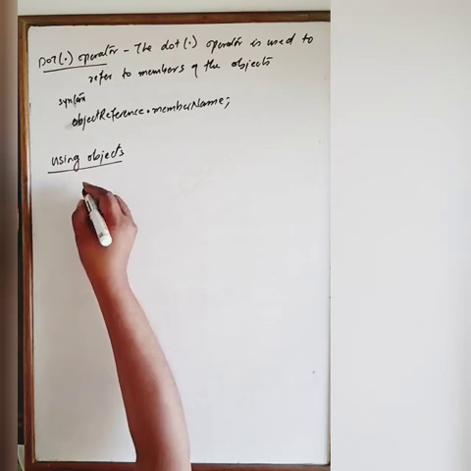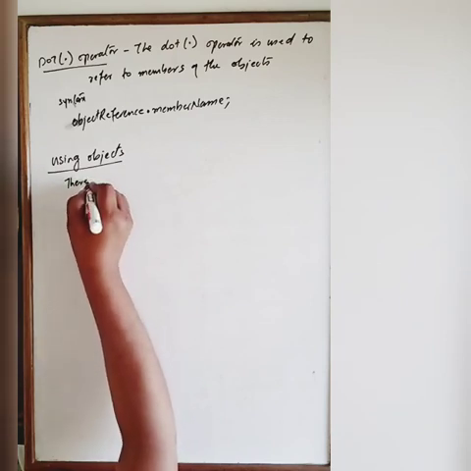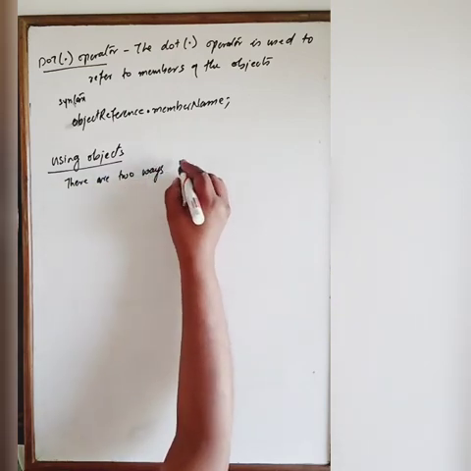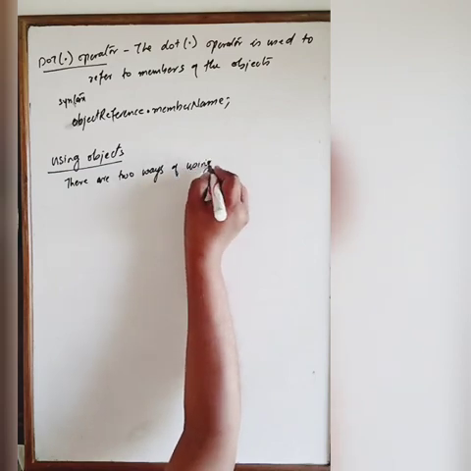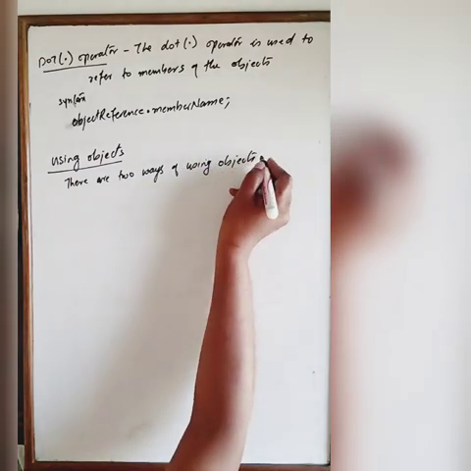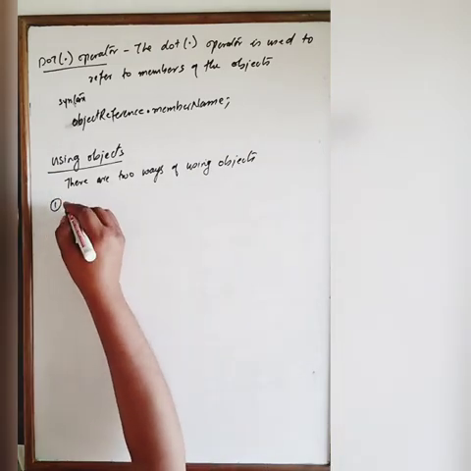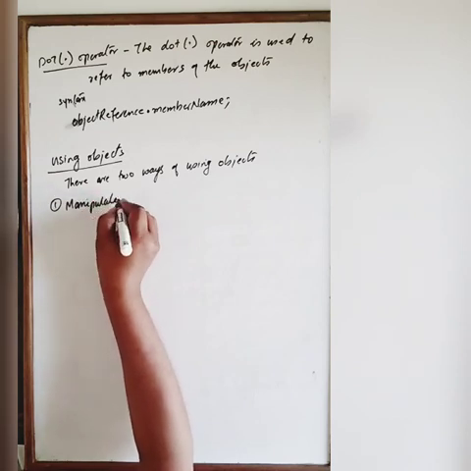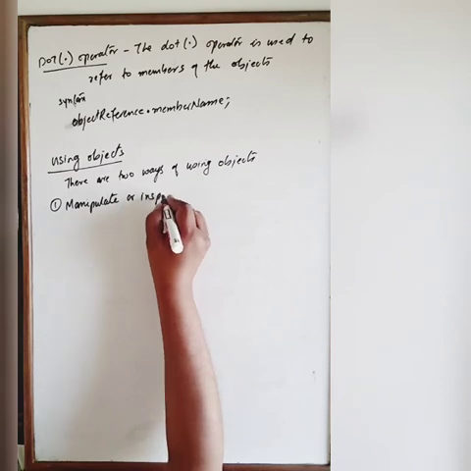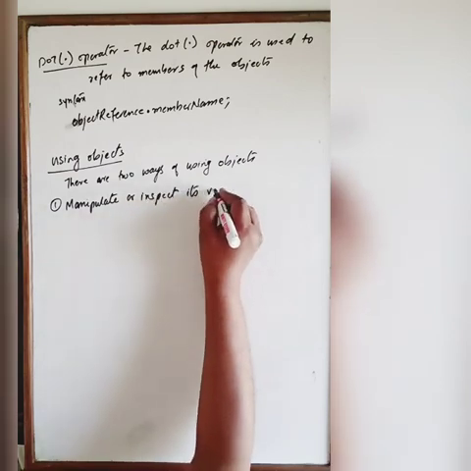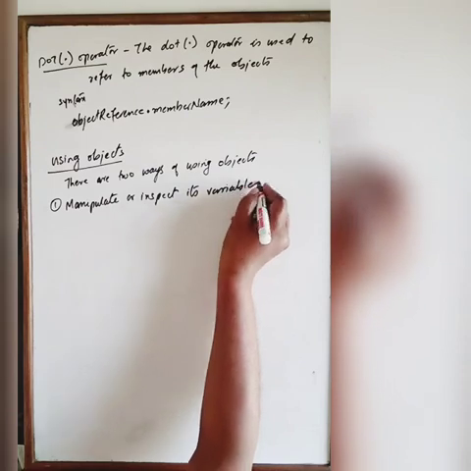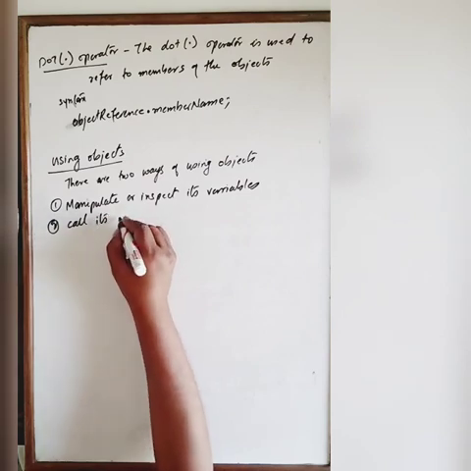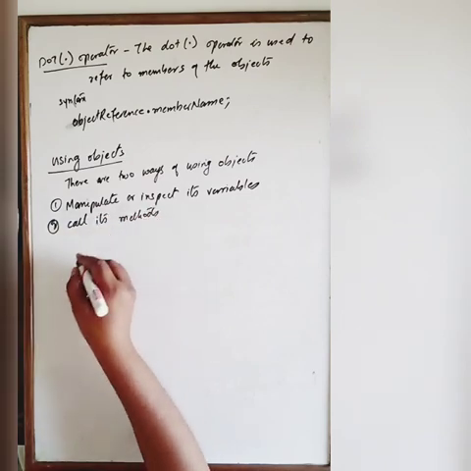So there are two ways of using an object. Number one, manipulate or inspect the object, that means its variable. Manipulates or inspects its variable. Or second one, call to a function, call its function or method, you can say, call its method.